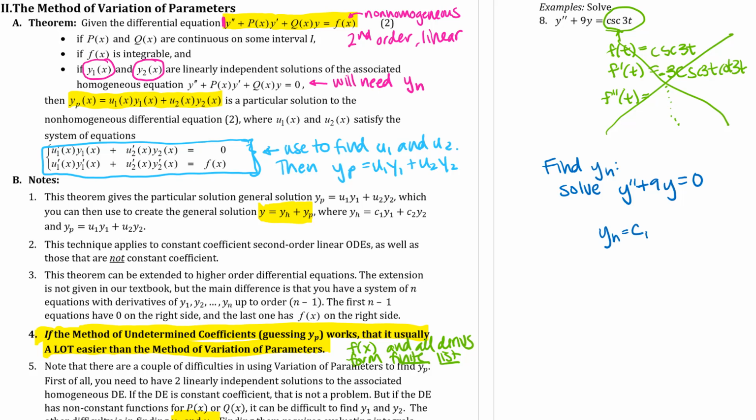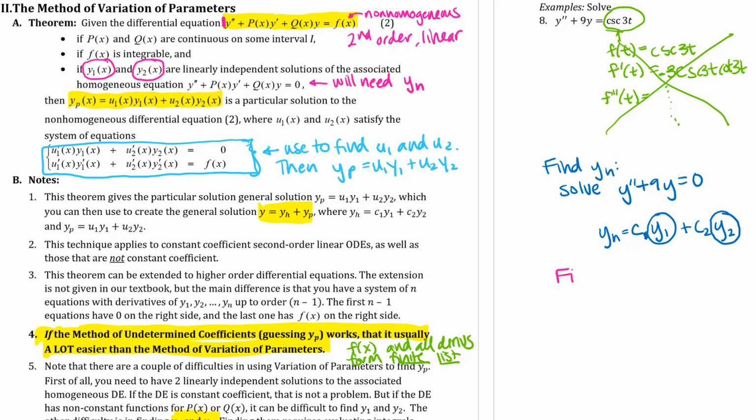So we'll have C1 times one function. Maybe you can kind of see your way to the finish line here and see what that Y1 is. And then plus C2 times the second function. So we're going to use those, that Y1 and Y2 from that YH, in that system of equations to find the YP.